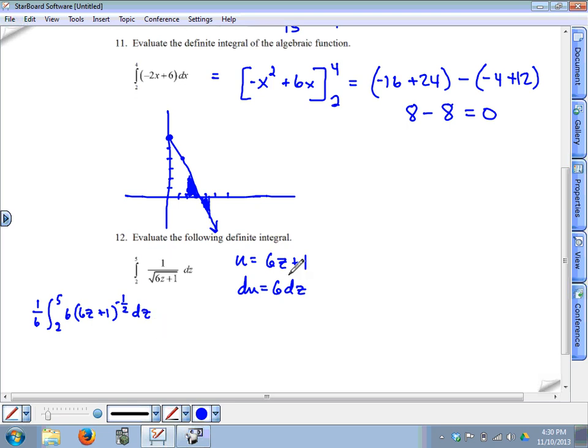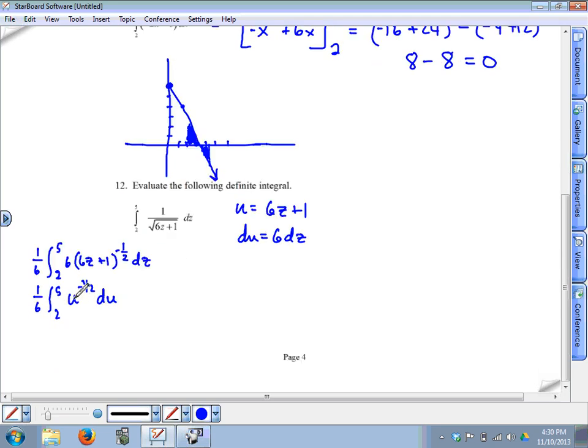Now we can make these substitutions. This is going to be 1/6 times the integral of u to negative 1/2 du. Now we find the antiderivative. There's going to be 1/6 times u to the positive 1/2, and then instead of dividing by 1/2, we're going to times it by 2.